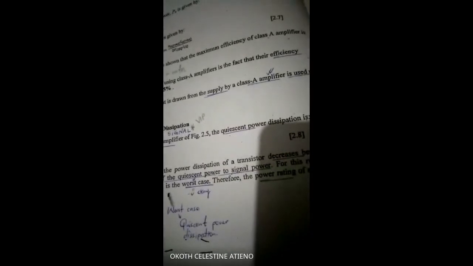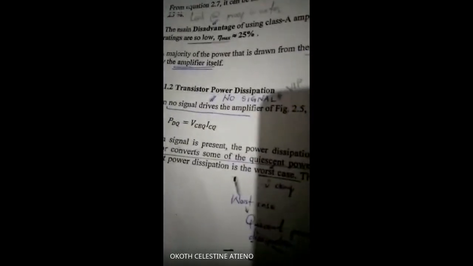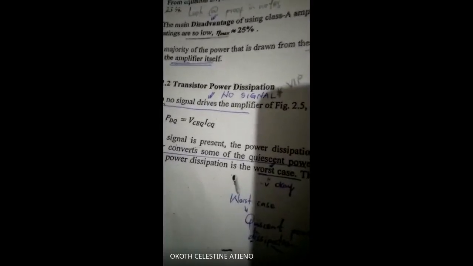Transistor power dissipation was simply VCEQ times ICQ. We're being told when no signal drives the amplifier, the quiescent power dissipation is given by VCEQ times ICQ.